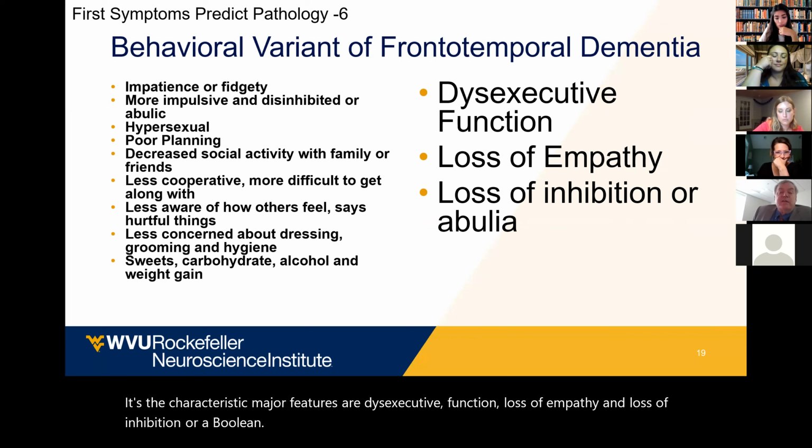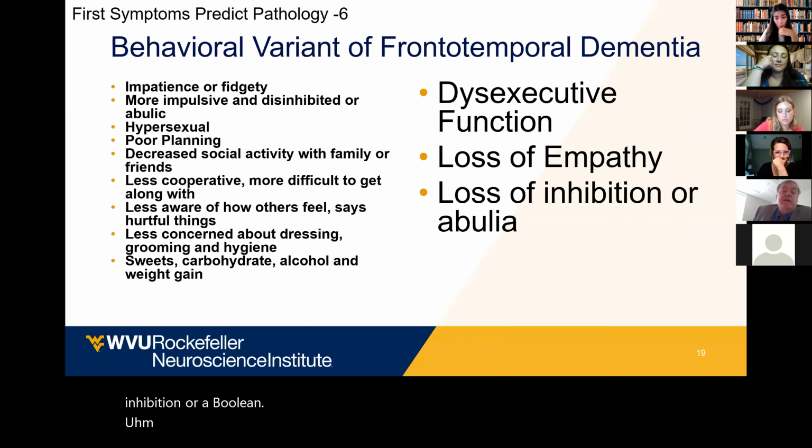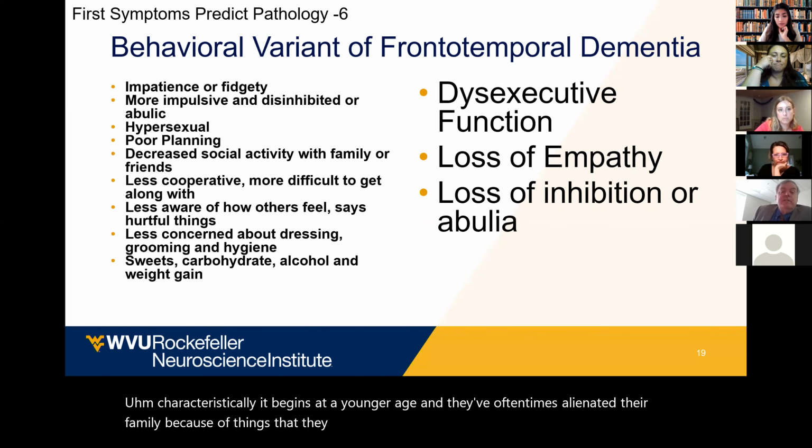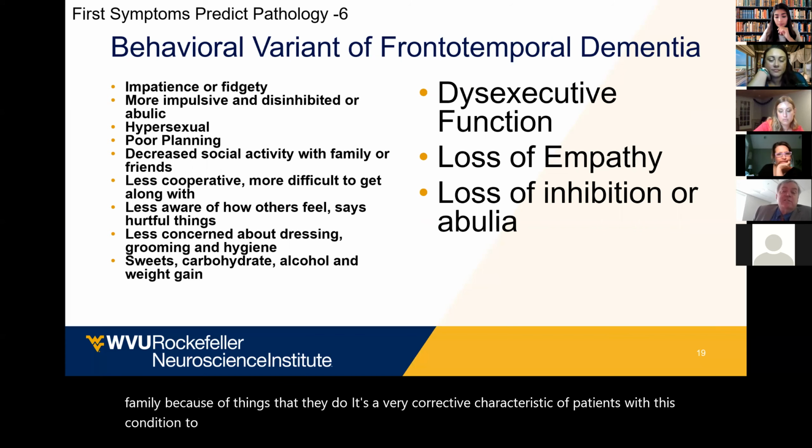Characteristically, it begins at a younger age. And they've oftentimes alienated their family because of things that they do. It's very characteristic of patients with this condition to behave like a jackass.